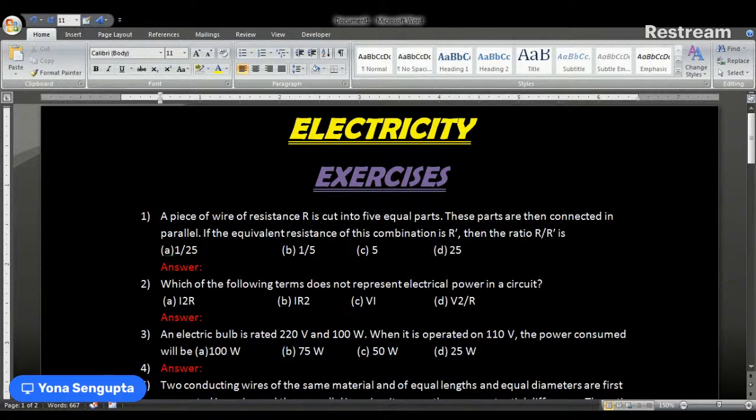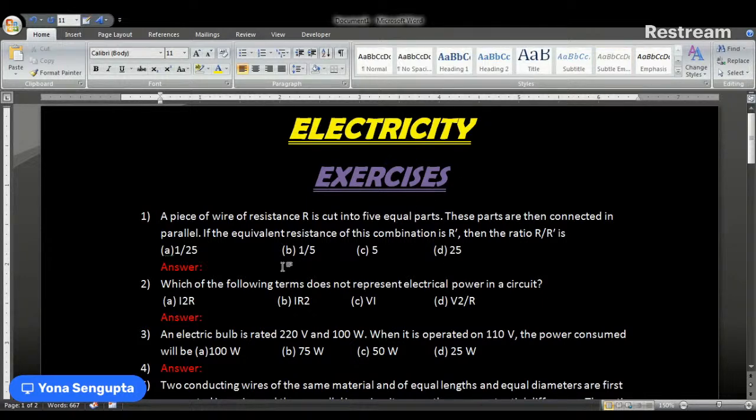Hence, the equivalent resistance can be calculated as 1 by R dash equals 5 by R plus 5 by R plus 5 by R plus 5 by R plus 5 by R. Means 5 by R, we are adding it 5 times, which gives us 5 plus 5 plus 5 plus 5 plus 5 by R, which equals 25 by R. So you see, R by R dash equals 25. So the ratio of R by R dash is 25.